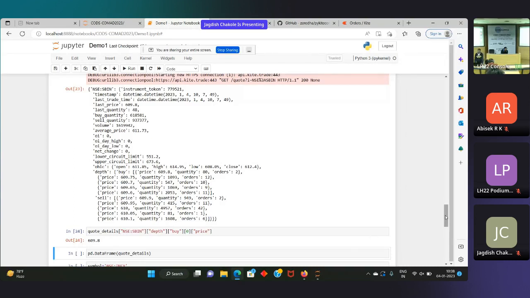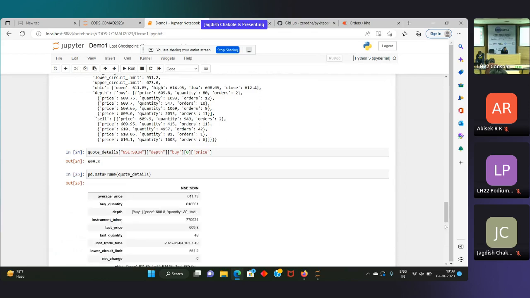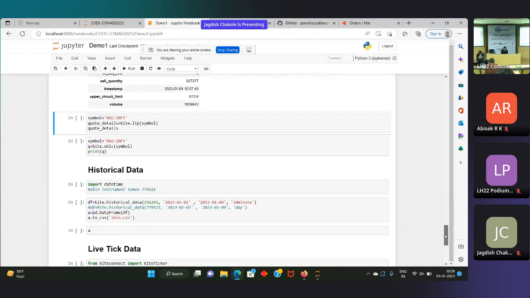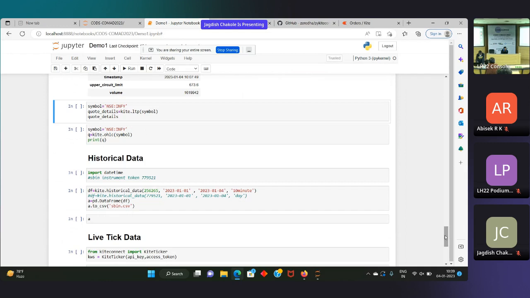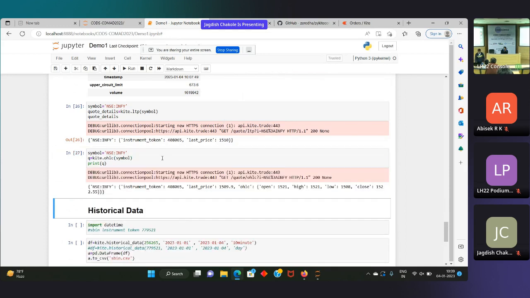Before COVID, the price of SBI was around 200. Again, there are various functions. Now I have pulled only the last trading price. You can also pull the open, high, low, and close price.